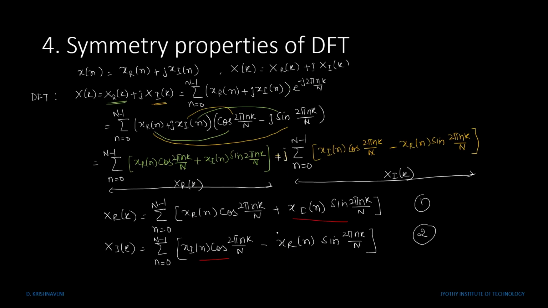Here xi of n is there, xr of n is 0. So xr of k will be summation xi of n into sin theta, and xi of k will be summation xi of n into cos theta.